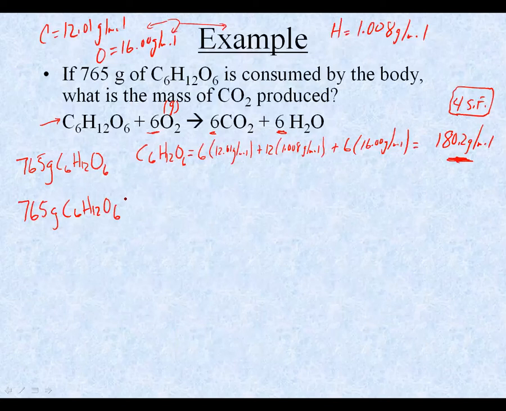That's the general rule that you follow with molar mass. So we're going to use that as our conversion factor. Since we have grams, we want to put the grams on the bottom: 180.2 grams per mole of our C6H12O6. The grams are going to cancel.